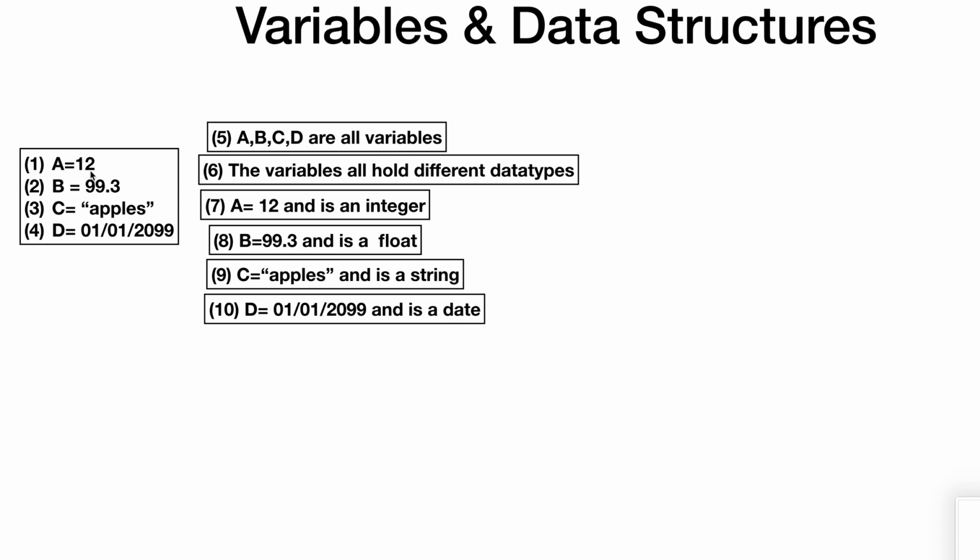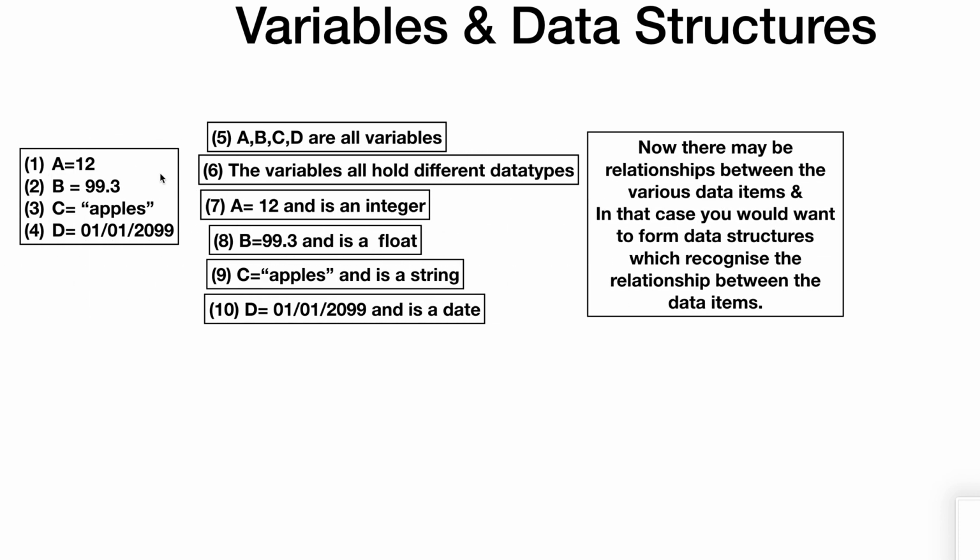Now note that all these variables are independent of each other. They're all separate pieces of information, and there is nothing to suggest that they are related to each other. In fact, they are probably not related to each other.